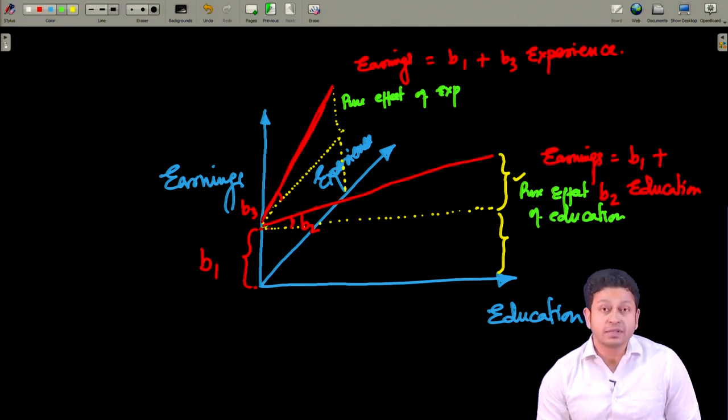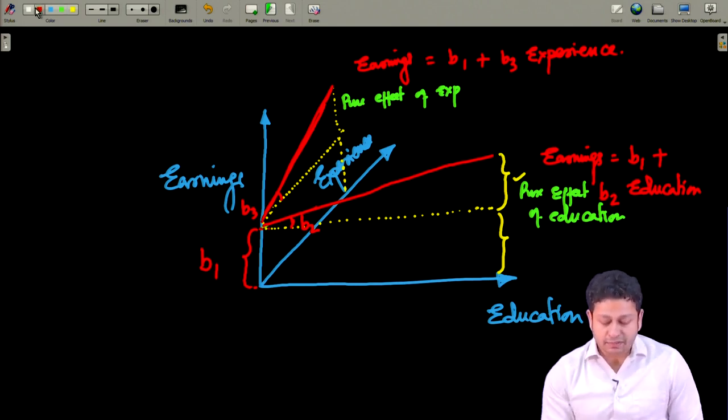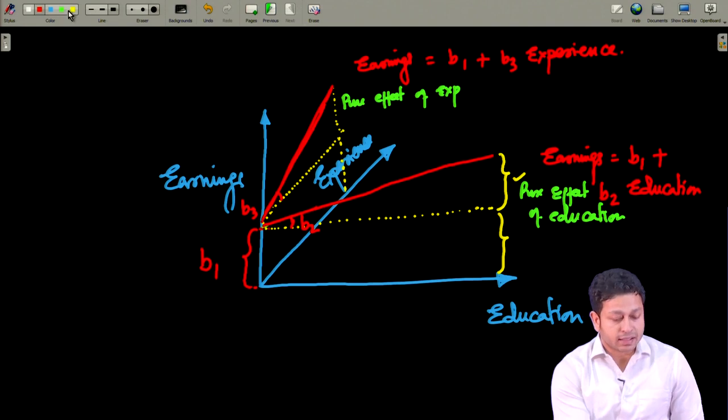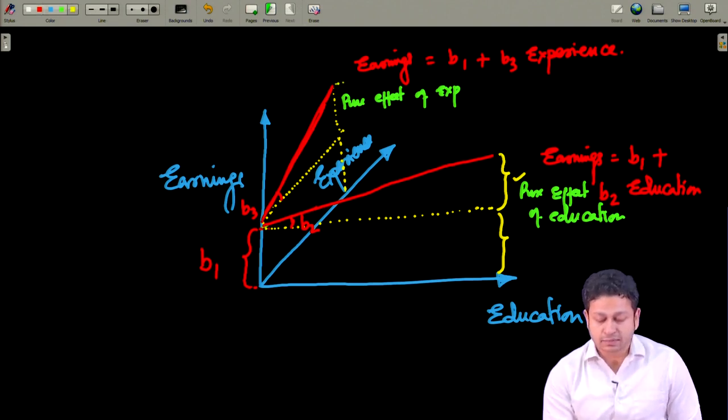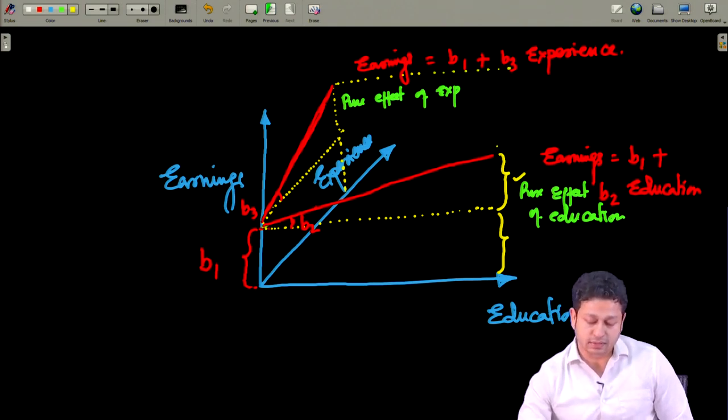So, what I will do is draw a resultant line. I have this line due to the pure effect of education, I have a line due to the pure effect of experience, and then I will get a resultant line. How do we get that? It's simple. Let's say I again draw some projections here. And let's say this line goes like this.